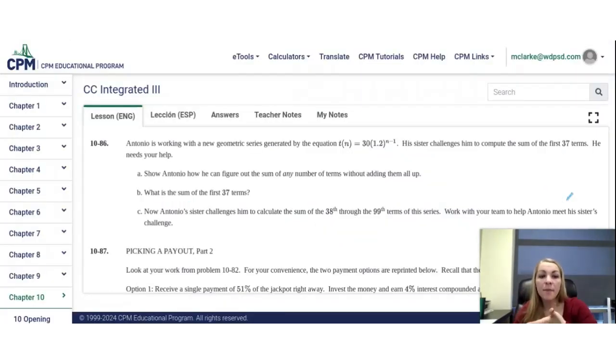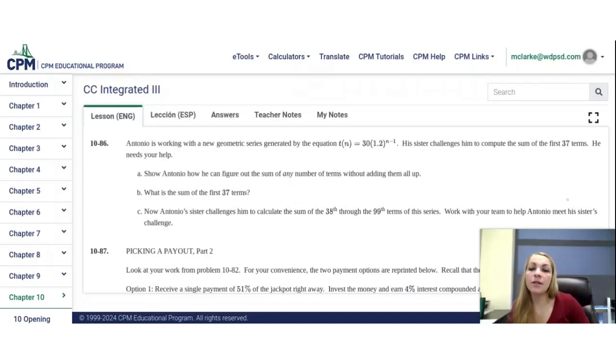Okay, so we're going to come back to our textbook here, our ebook, if you're following along there. The first problem we're going to do is basically, hey, do you understand that formula that we just worked with? So we're going to do problem 86. If you do not have the handout for this, now's a good time to grab that. If you need to pause this video, feel free to grab those from the sub.